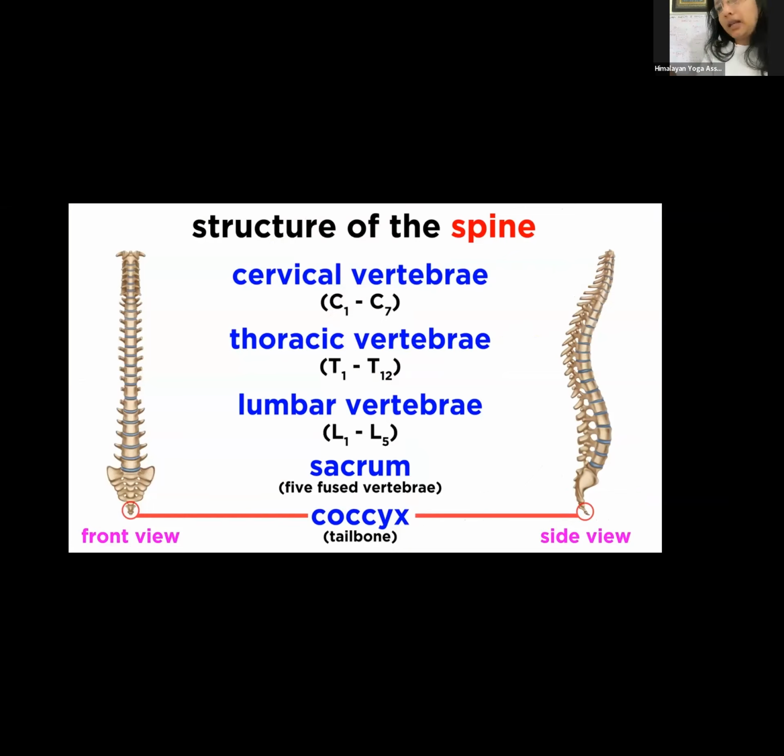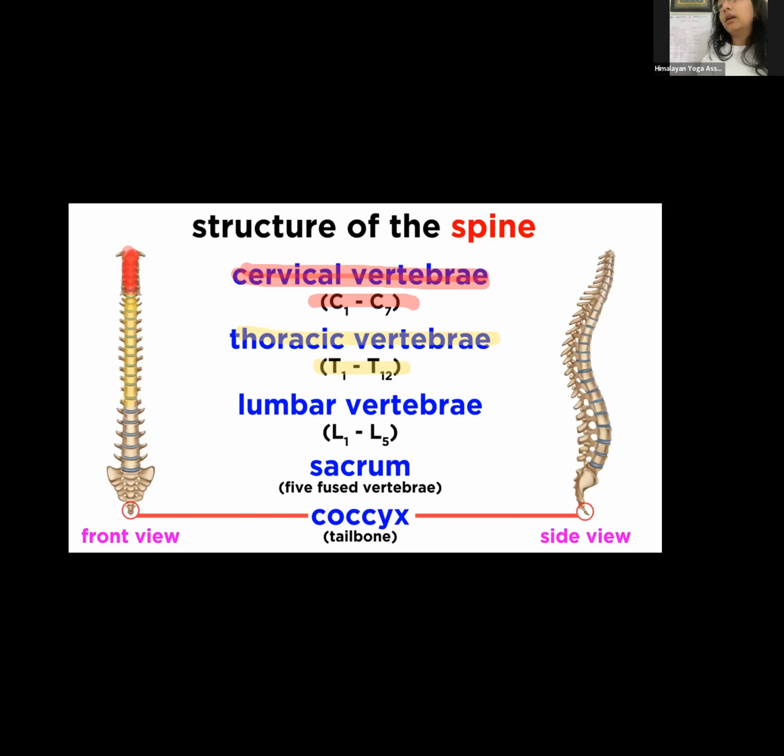So in this we have cervical vertebrae C1 to C7, and these are the topmost 7 bones. Then next we have thoracic vertebrae T1 to T12. Here you see those 12 bones. These are called thoracic vertebrae.